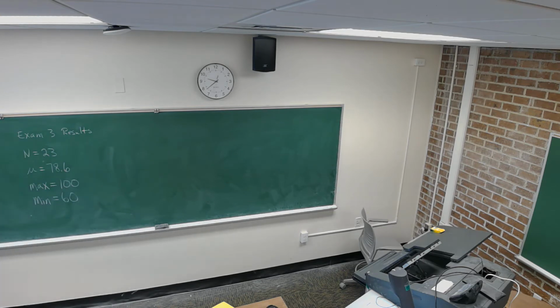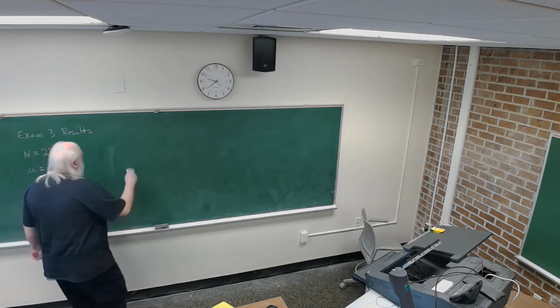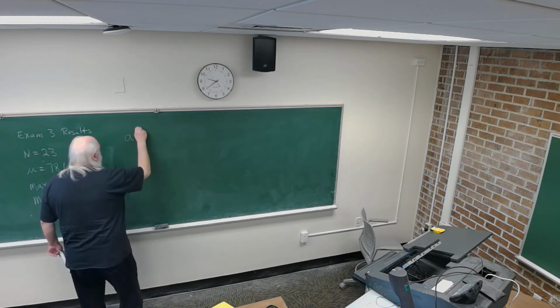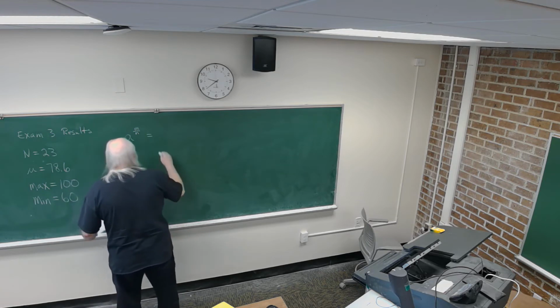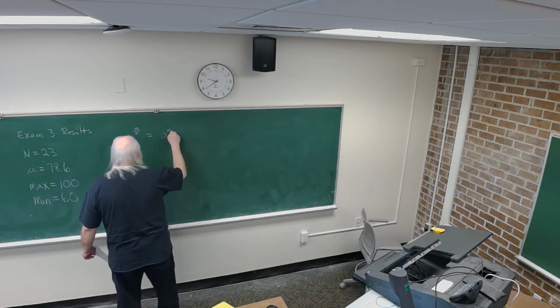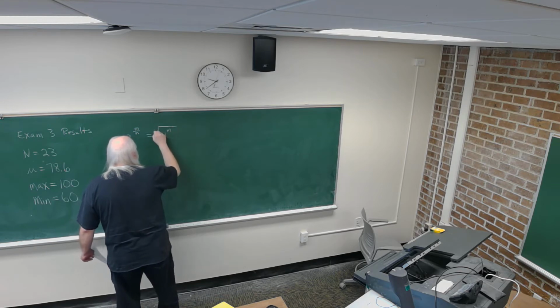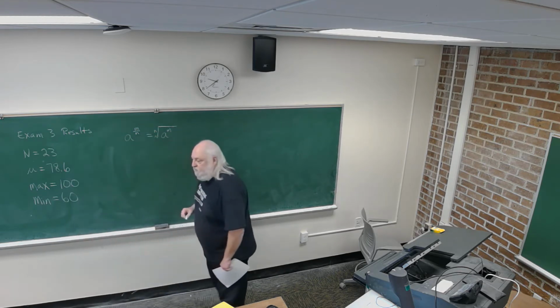If a is a real number and n and m are positive and have no common factors, then a to the m over n power, m over n is the exponent, can be written as a raised to the m power, and then we take the nth root of a to the m power.